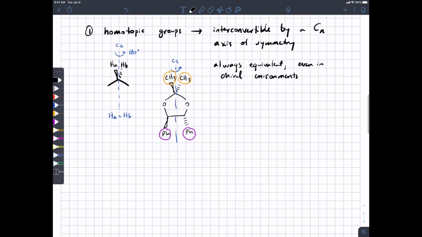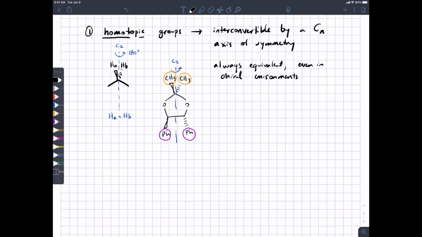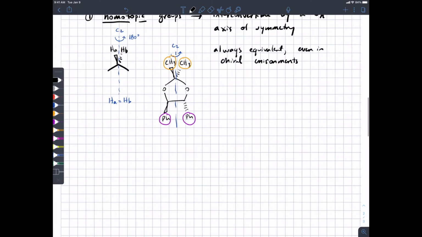We can also use the term homotopic to describe faces of planar molecules. So as an example, if I look at this ketone, acetone, and it's lying within this plane that I'm drawing, you've got the top face and the bottom face of the molecule.